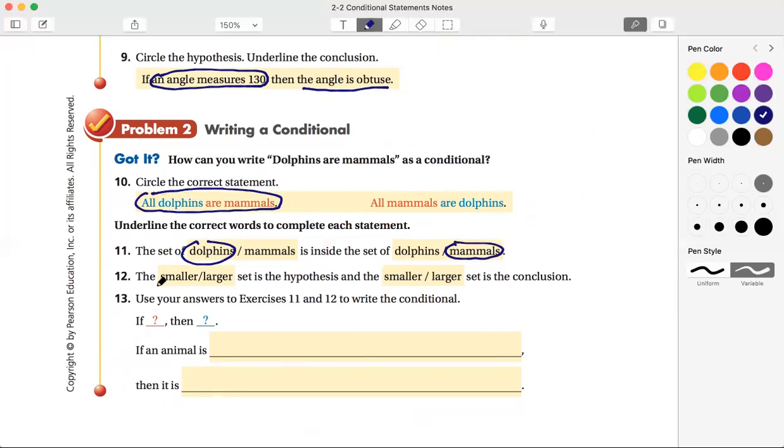The smaller set is the hypothesis, and the larger set is the conclusion. So we're going to write the following: if an animal is a dolphin, then it is a mammal. And there you go.